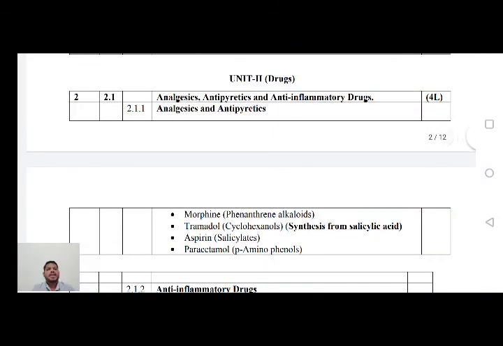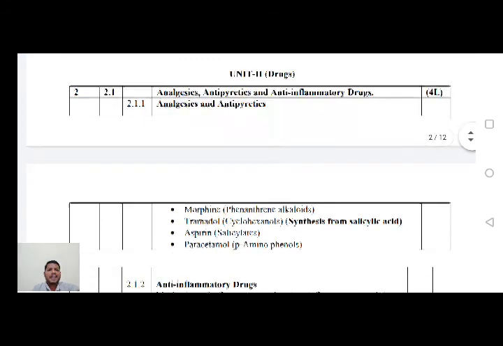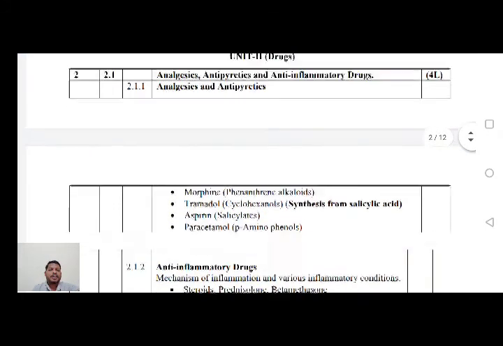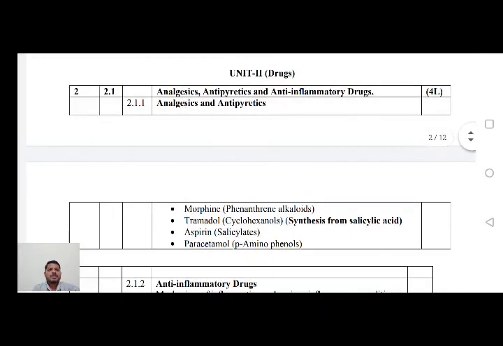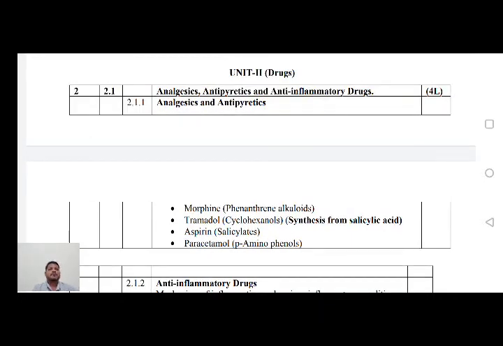Then unit second, which is also from drug chemistry. It contains analgesic drugs, antipyretic drugs and anti-inflammatory drugs. Analgesic and antipyretic drugs, their synthesis, side effects, and examples.